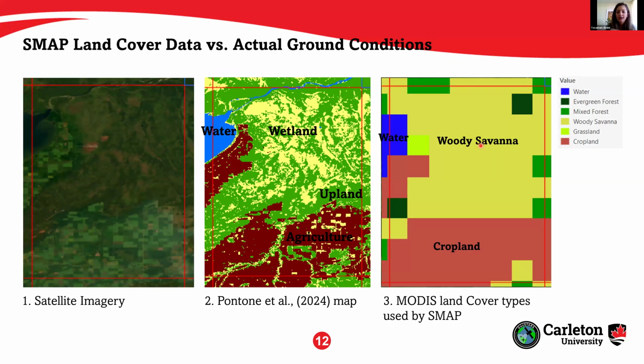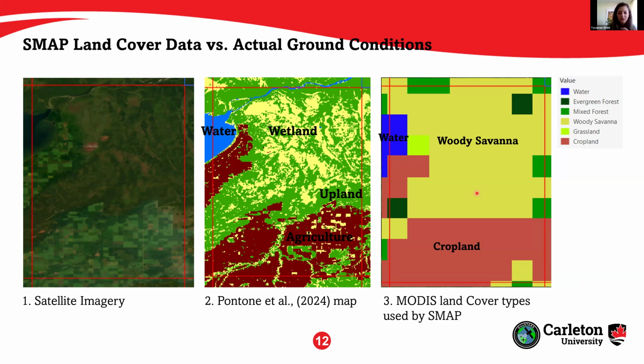When we compare the land cover data used by SMAP with actual ground conditions, we see that even the land cover classification doesn't properly capture wetland areas. Looking at the figures, on the left side we have satellite imagery. In the middle, there is an accurate classification map produced by Nick Pontone, a person who is going to talk after me.